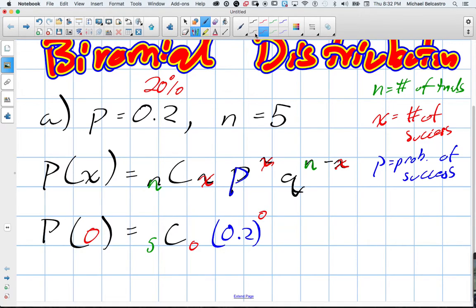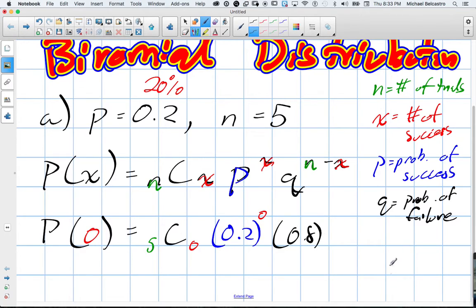The probability of failure, which is our Q. Oh, I forgot to define that. Q is probability of failure, and really it's just the opposite probability of what P is. So if P is 20%, Q must be 80%.